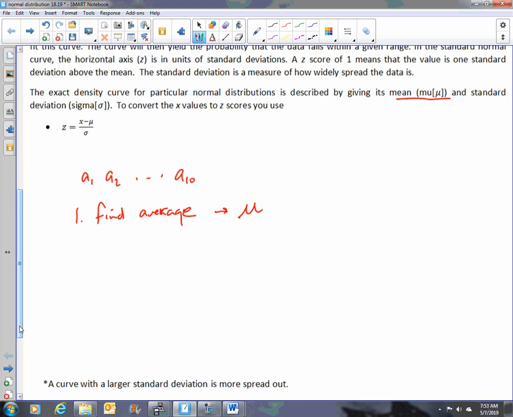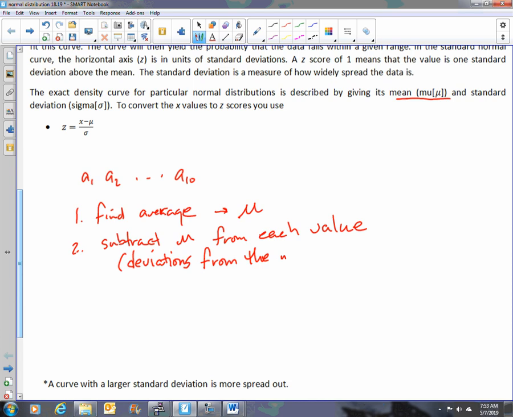and then you would subtract mu from each value. Now, if you take A1 minus mu, A2 minus mu, A3 minus mu, all that kind of stuff, that's what you're doing. What you're finding is the deviations of each data item from the mean.